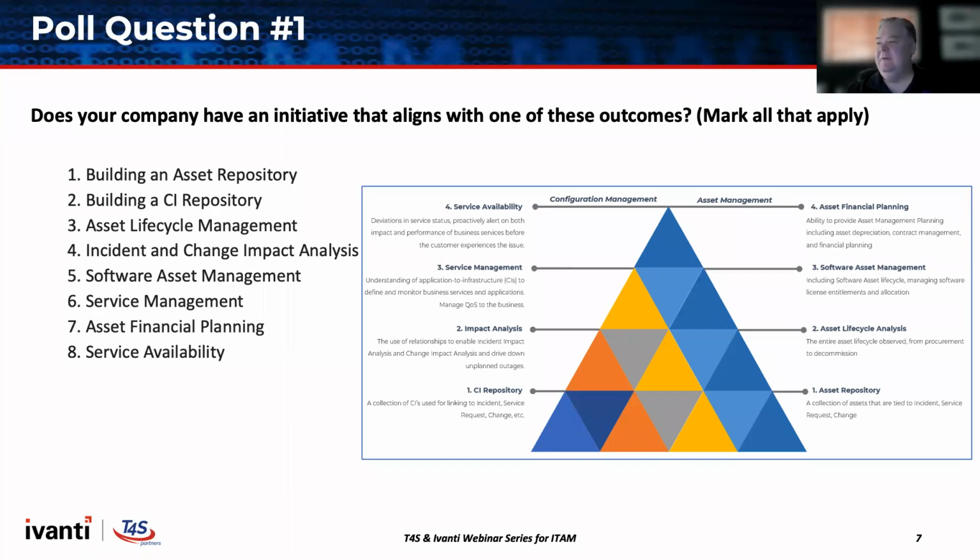Again, as we move up the chain, the level of information changes. From an asset perspective, we're going to focus more closely on what we're doing from a financial perspective.